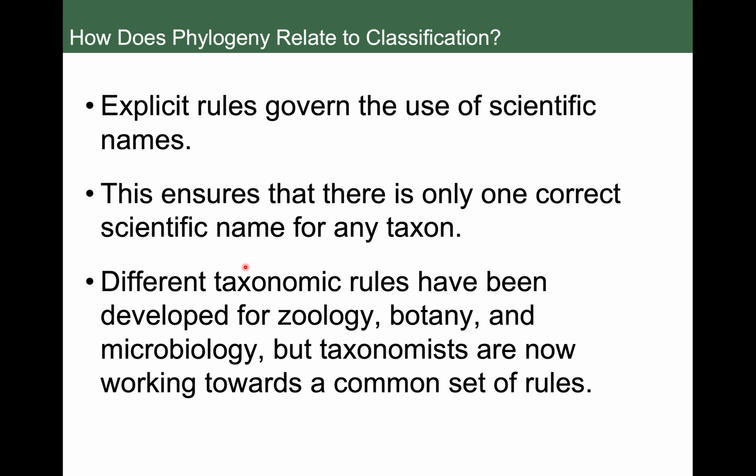In more recent years, these groups have gotten together and tried to apply a more uniform nomenclature. So there's been some renaming to try to make things a little bit more uniform. All right, that is all I've got for you.